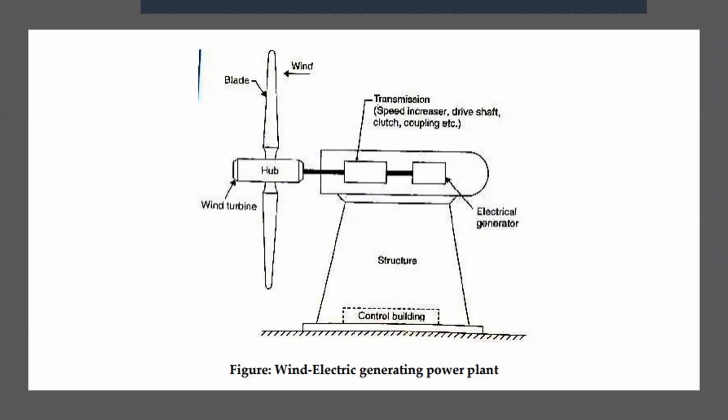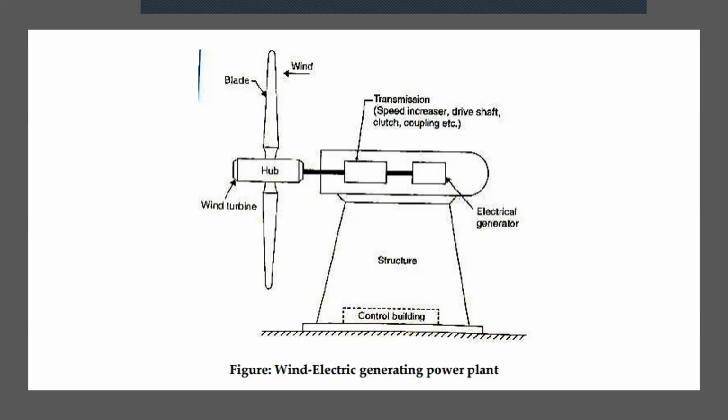Next, what we are seeing about is wind electric generating power. Generally, this wind power generator gets electrical energy by converting the wind energy into a rotating energy of the blades, and converting that rotating energy into electrical energy by a generator.